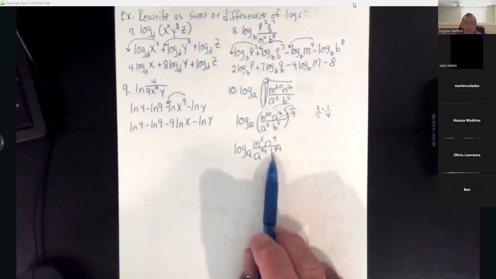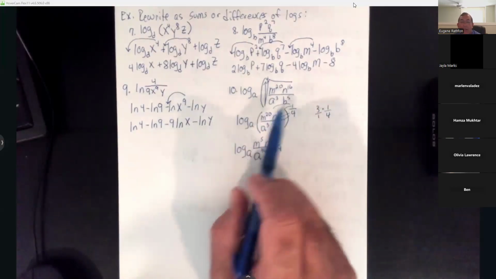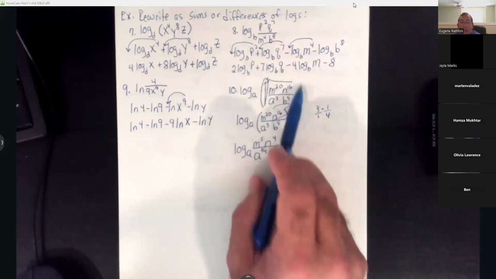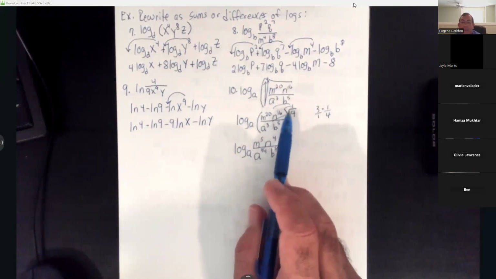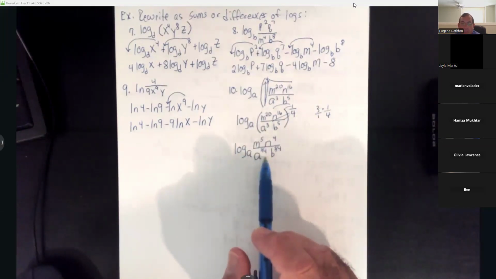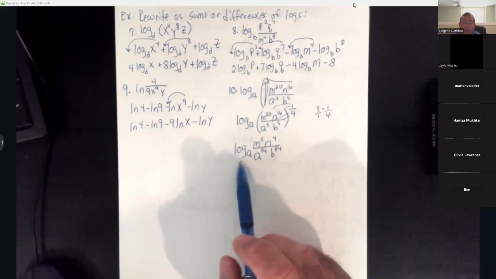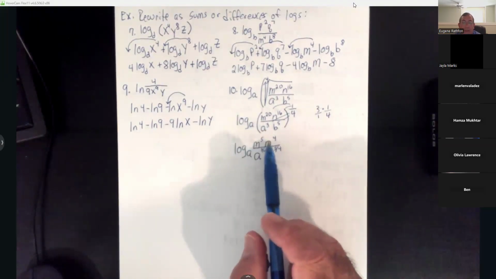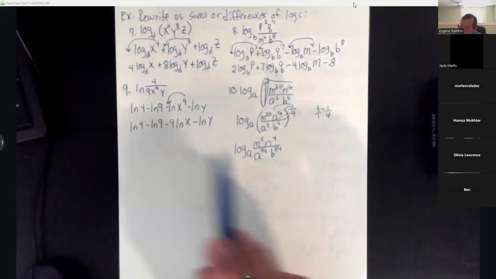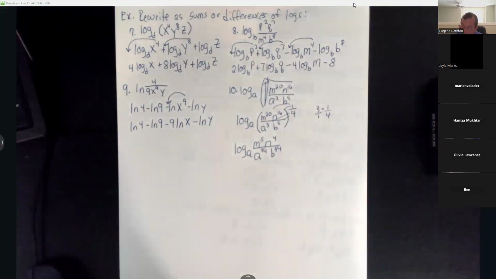And y'all, guess what? We ain't even done the sums or differences yet. All we did was convert this thing out of this radical, and then we sort of distributed that exponent to end up with this. Now, we will start rewriting it. So these two factors on top are positive. These two factors on bottom are going to be negative.